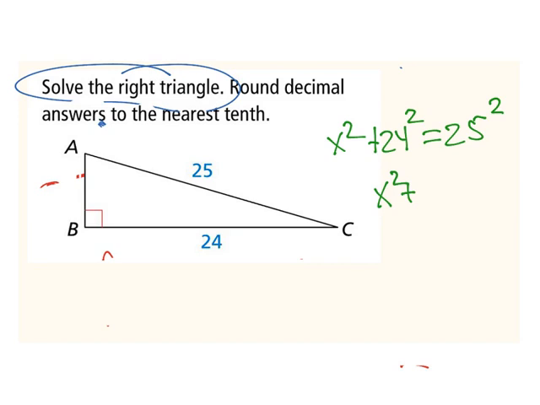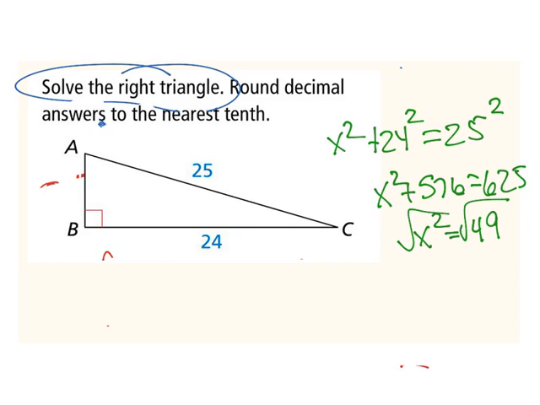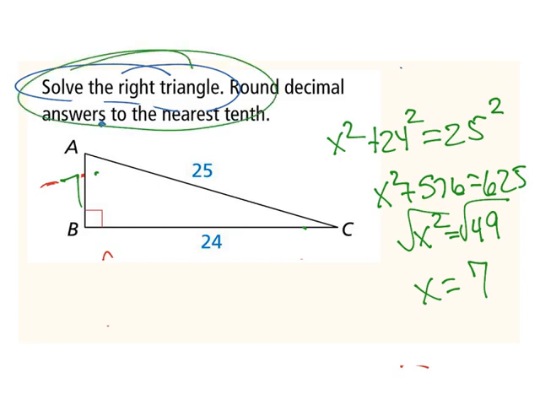So x squared plus 576 equals, I feel like I know what 25 squared is. I did not. Subtract, x squared equals 49. Take the square root of both, x equals 7. So that side would be 7. So now we know the angles, I didn't write them in there, and the side. You have solved the right triangle. Let me know in class if you have any questions.